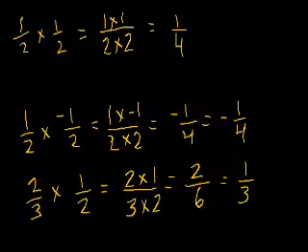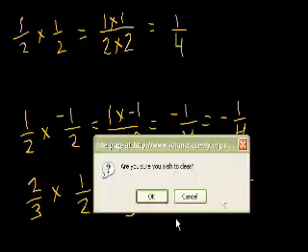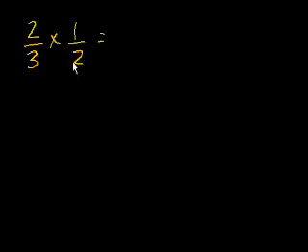That was an interesting problem. Let's do it again, and I want to show you a little trick here. 2/3 times 1/2. As we said, any multiplication problem, you just multiply the numerators, multiply the denominators, and you have your answer. But sometimes, there's a little trick here where you can cancel out, you can divide the numerators and the denominators by a number.